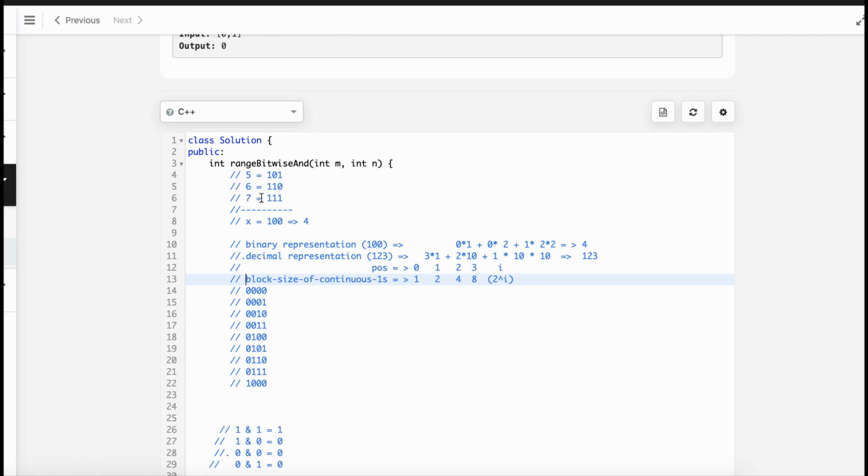1 in the AND operation, because this is of block size 1 and we are interested in covering all the range. If we cover all the range with ones, then in that case we will have 1 as the result after performing the AND operation. Otherwise, if the block is not able to hold that range, like the 0th position, it has a maximum continuous run of only one value. So if the gap is 3, it cannot hold that range.